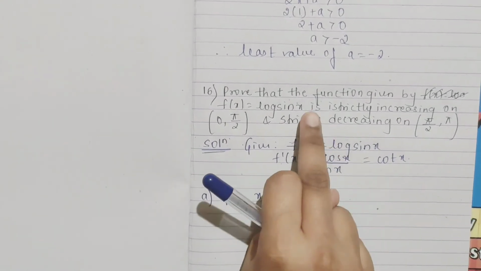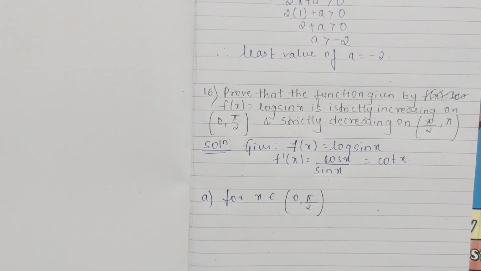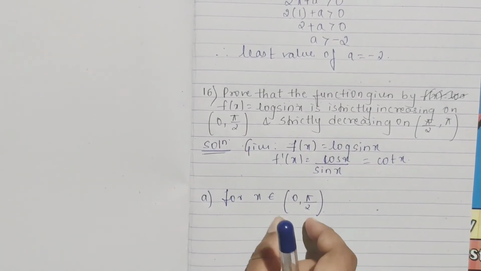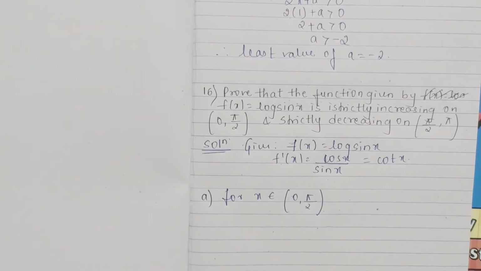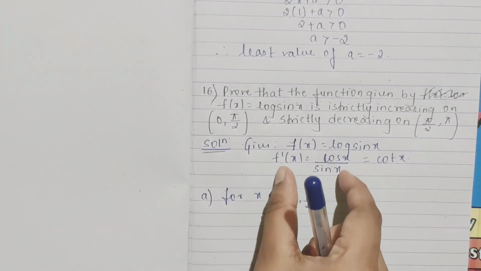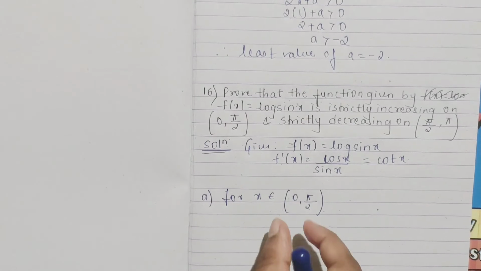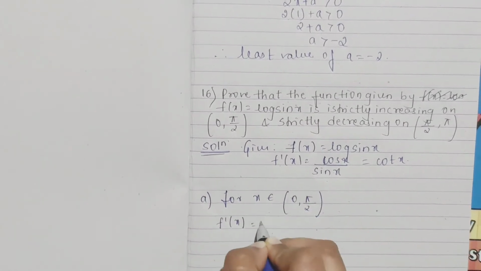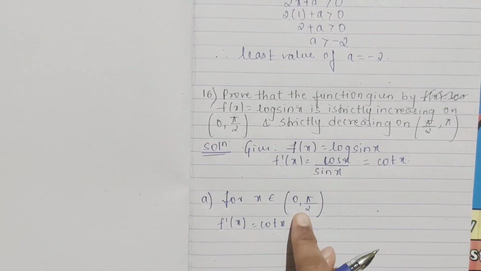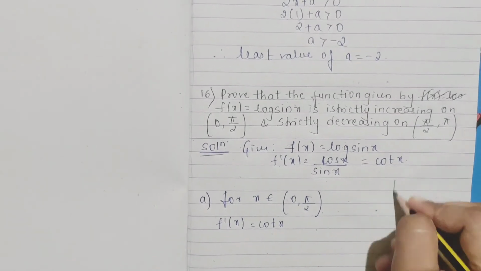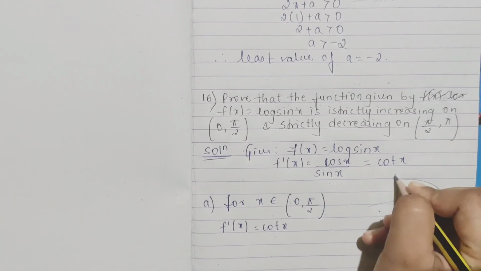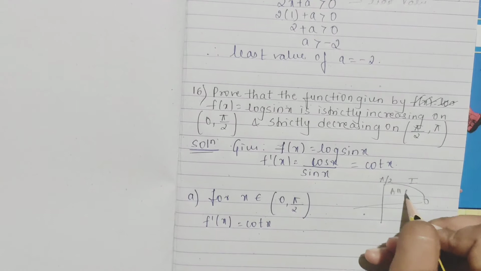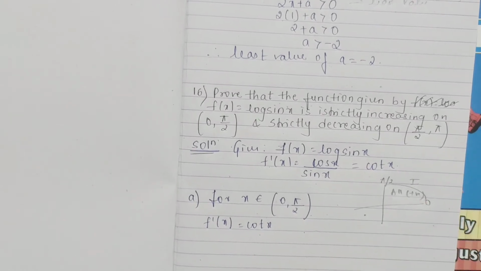First, they are telling strictly increasing on 0 comma pi by 2, for x belongs to 0 comma pi by 2. They have already given the interval, so we just have to show whether it is strictly increasing in this particular interval. Now f dash of x is cot x, and 0 to pi by 2 is the first quadrant, and in the first quadrant all trigonometric ratios are positive.